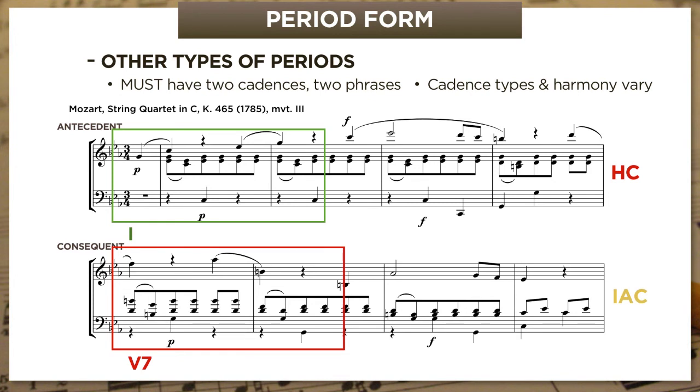So when you listen, I want you to notice how the whole period is basically just a big 1 to 5 to 1 progression. And I also want you to hear how elastic the idea of parallel design is. The consequent phrase transforms the opening idea pretty thoroughly, but it still leaves it recognizable. And for that reason, I think we could still call this a parallel period, even though it's starting to strain the edges of what we could take as parallelism.